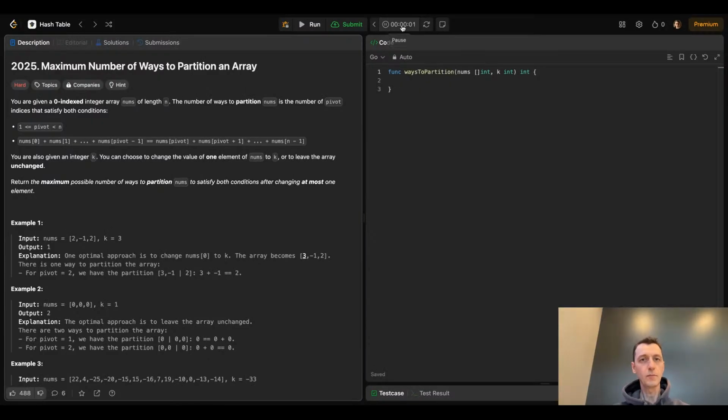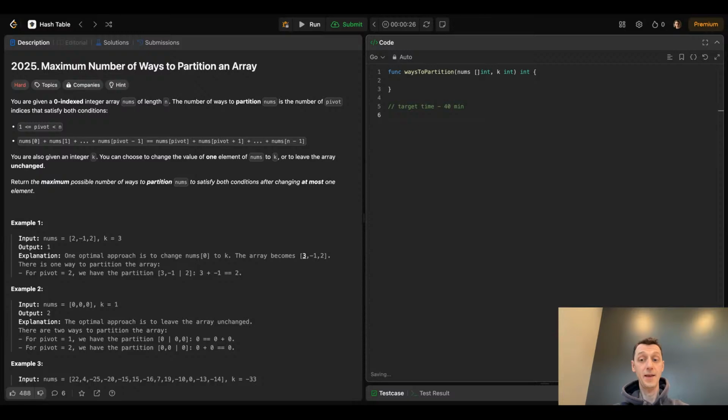It's called maximum number of ways to partition an array. Our goal is to solve the problem within 40 minutes. That's the target time.